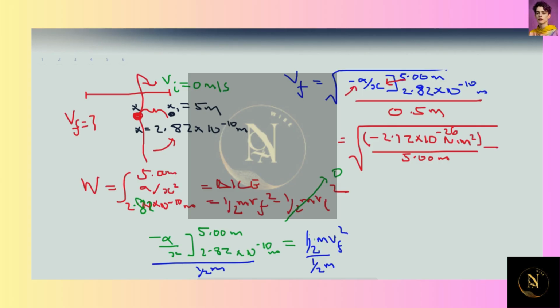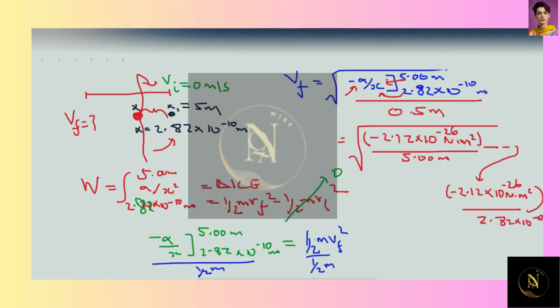If you subtract another negative, it becomes negative. I'm just going to write that one here. Negative 2.12 times 10 to the negative 26 Newton meter squared. That's the other limit. We have two negatives now, and then you also have this x, which is 2.82 times 10 to the negative 10.